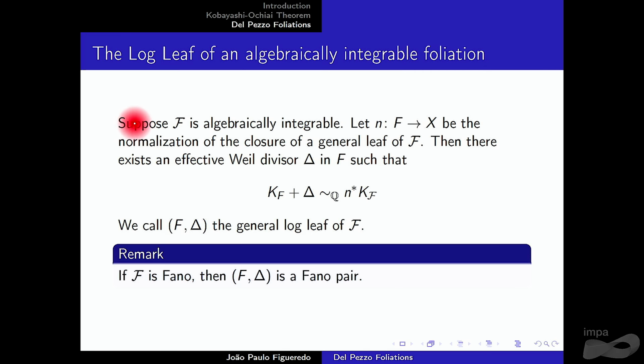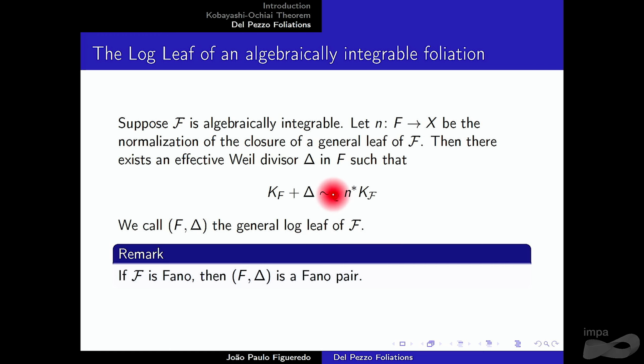So since this is a leaf, if you restrict the canonical of the foliation to this F, this will be K_F plus delta for some effective Weil divisor on F. This pair, (F, delta), is called the general log leaf of F. So if F is Fano, this means that this K_F is negative.